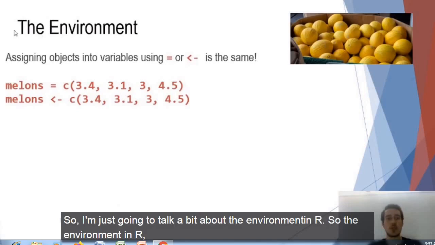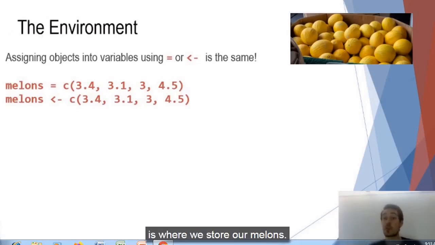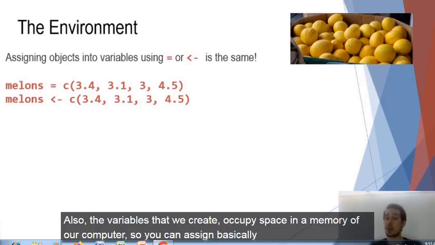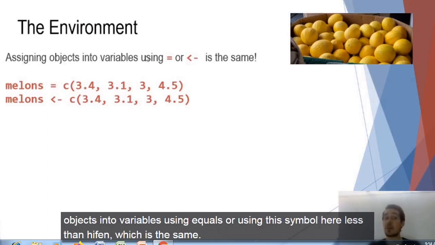So I'm just going to talk a bit about the environment in R. The environment in R is where we store our melons. Just like if we have a box of melons in our home, they will occupy some space. Also, the variables that we create occupy space in the memory of our computer. So you can assign objects to variables using equals or using this symbol here, less than hyphen, which is the same.